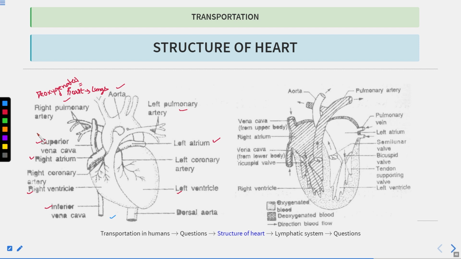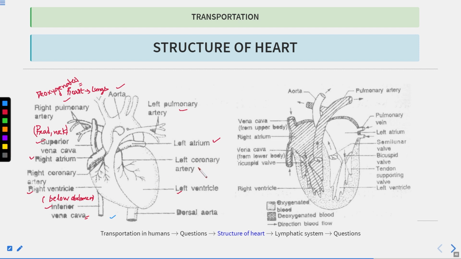It carries the blood from these regions towards the heart. The inferior vena cava carries the blood from the region below the abdomen, that's why it is known as inferior, and it also carries the deoxygenated blood. The vena cava is the largest vein present in the human.